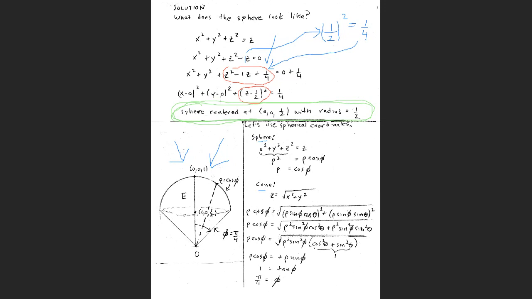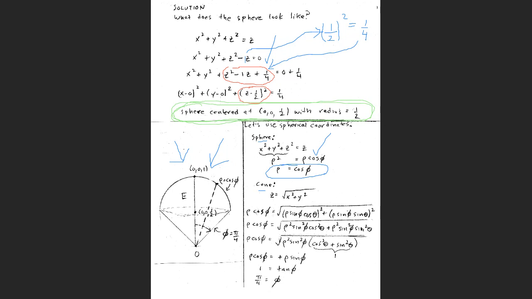So of course for the sphere, we know that by definition, x squared plus y squared plus z squared is rho squared, and z is equal to rho cosine phi. So we end up getting rho squared equals rho cosine phi, hence rho is cosine phi. That's the spherical equation.